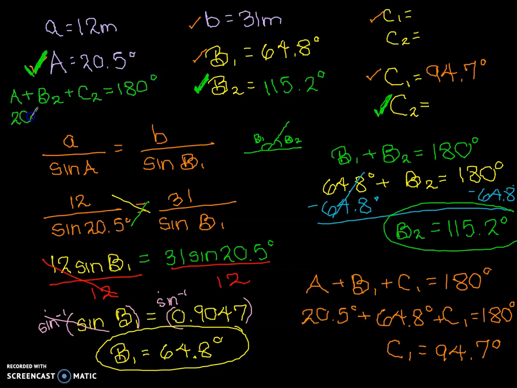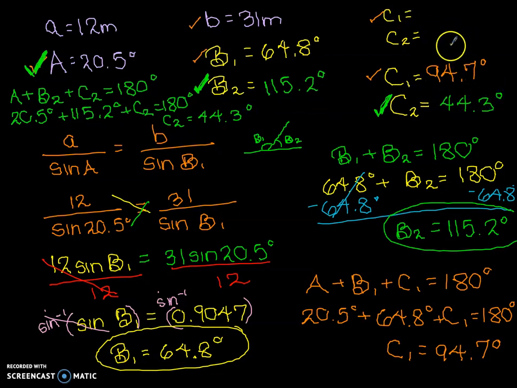So this would be 20.5 plus 115.2 plus C sub 2 equals 180 degrees. So taking the sum 20.5 plus 115.2 and then subtracting it from 180 degrees will give me my other angle, which would give me 44.3 degrees.